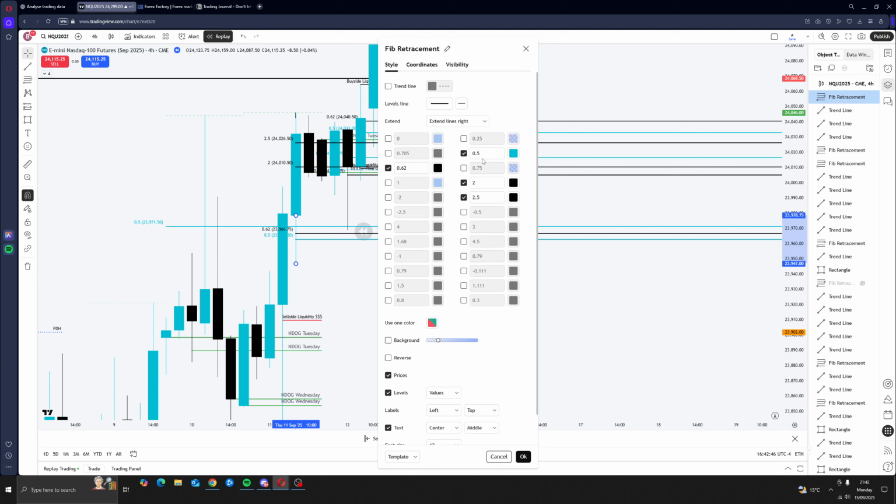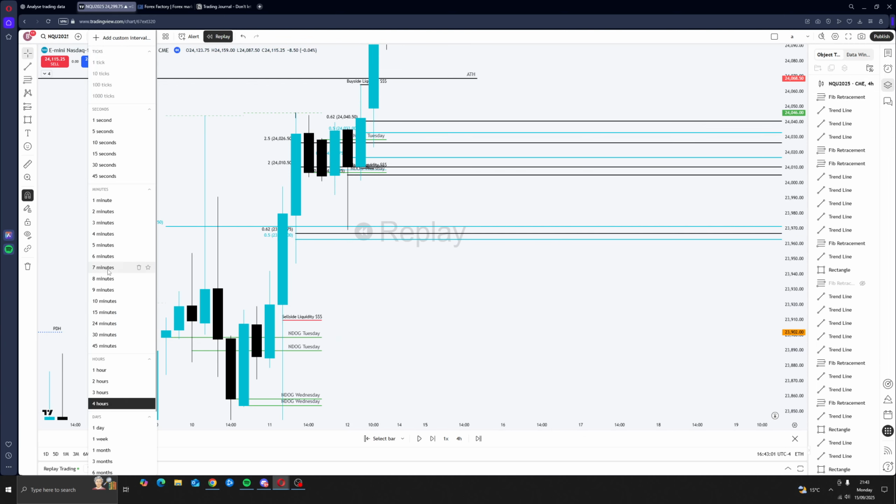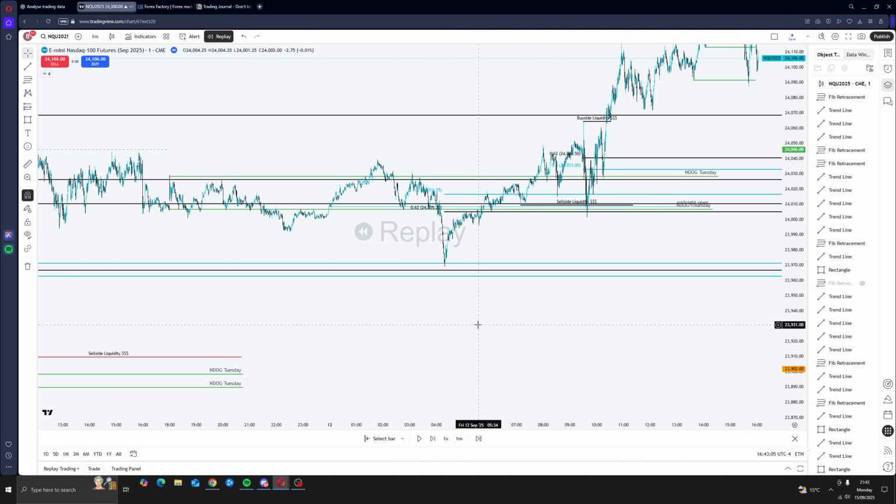So I want the 7.5 wets. Yeah, see, that one stacks with the daily for London, right? Which confirms to me that London low of the day.